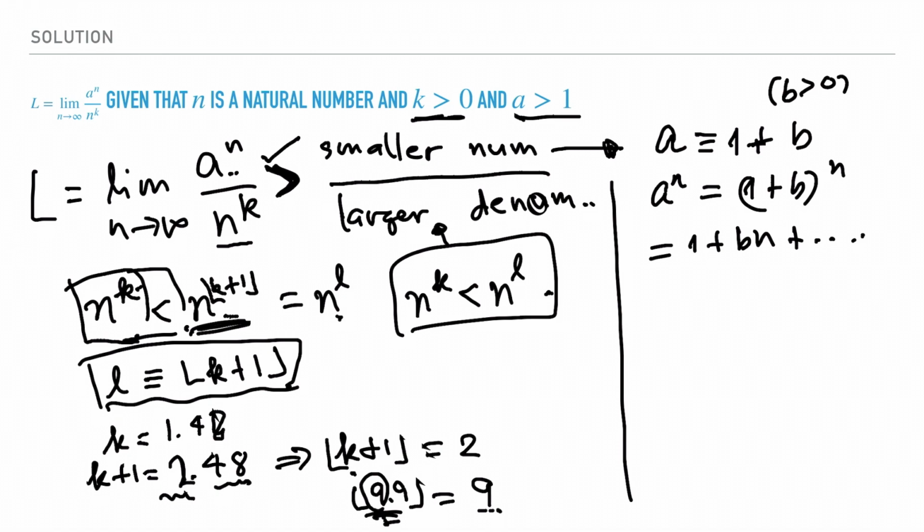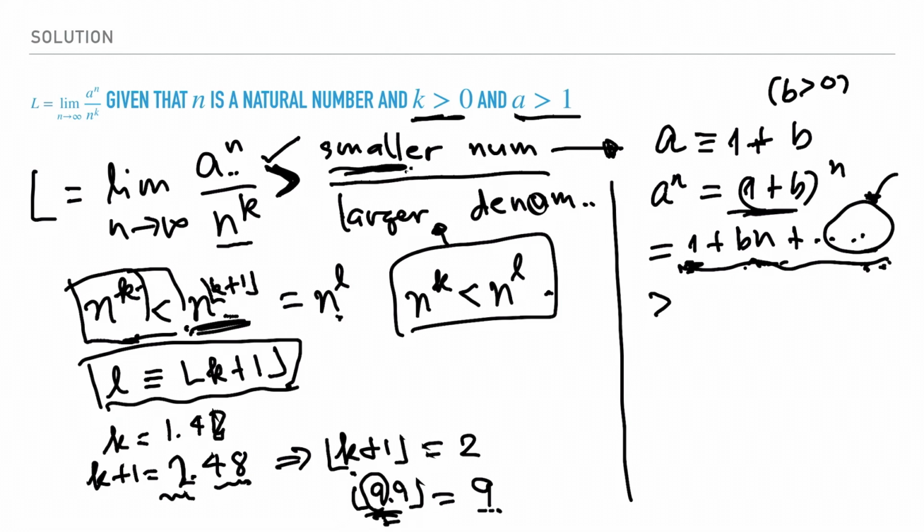This is the original term. Now I want to find something that is smaller. I know that all the terms in this binomial expansion are positive, and if I want something smaller, I just pick one term from all the terms.